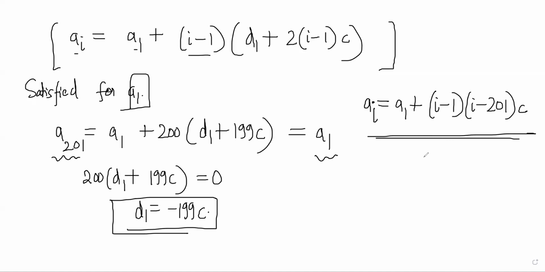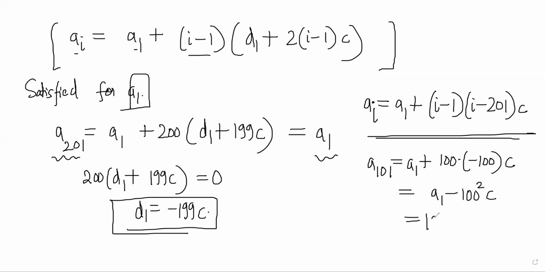And because we know a101 will be equal to a1 plus 100 times minus 100 c, so it is equal to a1 minus 100 squared c. And a1 is 19999, so a101 is 19999 minus 100 squared into c.